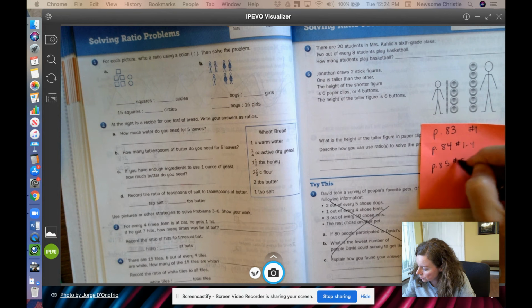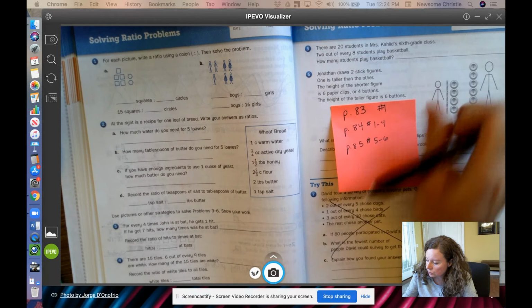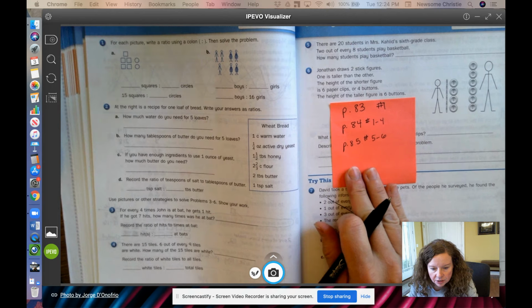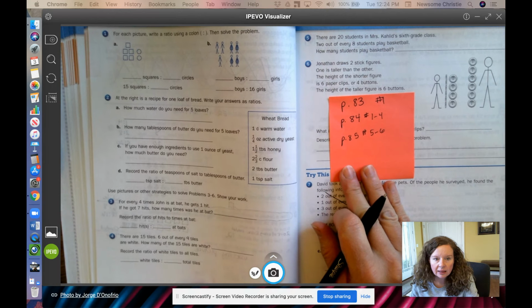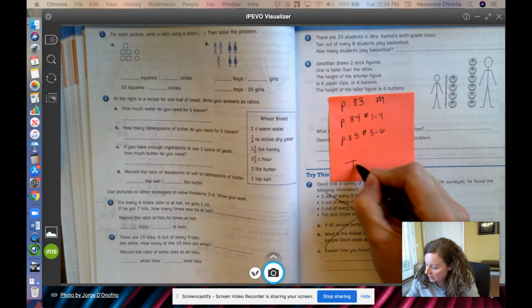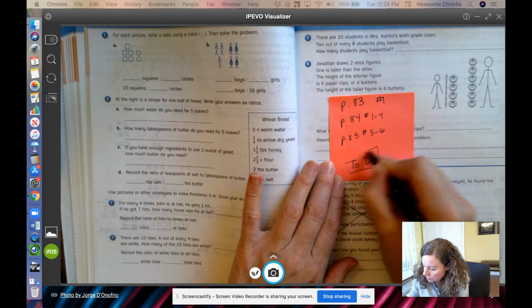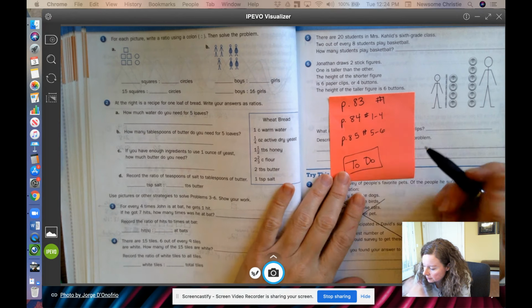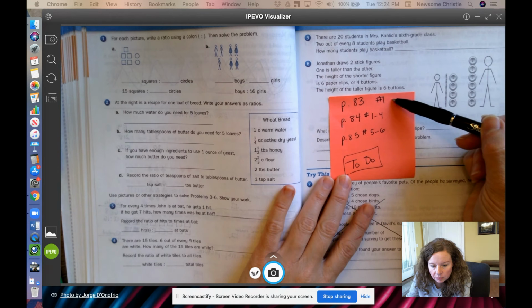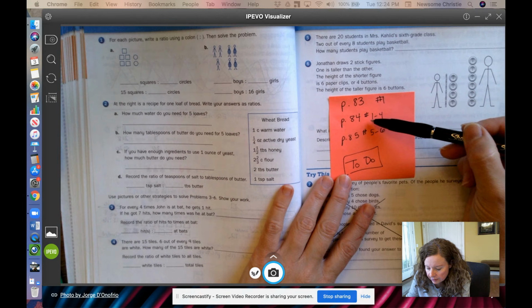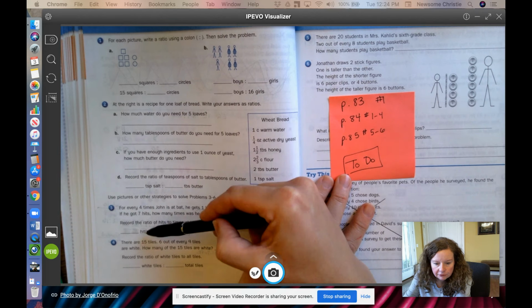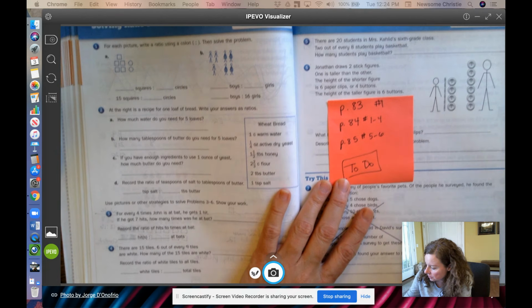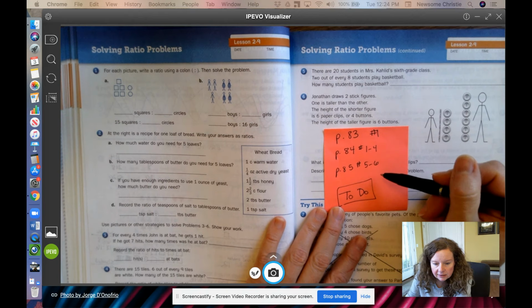So this is what I'd like you to try on your own this morning, to try draw some of these ratios, and then we'll go over it when we get back together. That is your to-do list to practice ratios and comparisons and see what you can do. So page 83, number 1, page 84, 1, 2, 3, and 4, and then page 85, you're going to do 5 and 6. Okay?